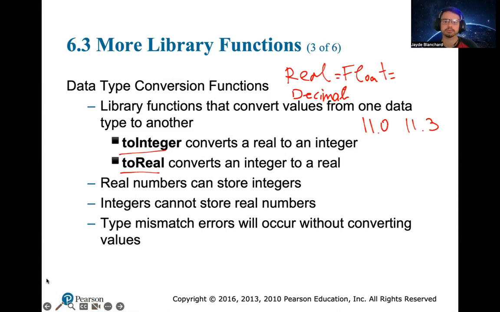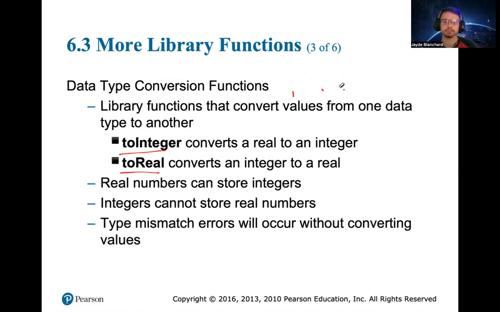Now, these two functions right here, to integer and to real, do exactly what's in the name. To integer will convert whatever number you have into an integer. You just have to be mindful that, for example, if you have 11.3 and you're using to integer, you will have 11, because we're converting it to an integer.